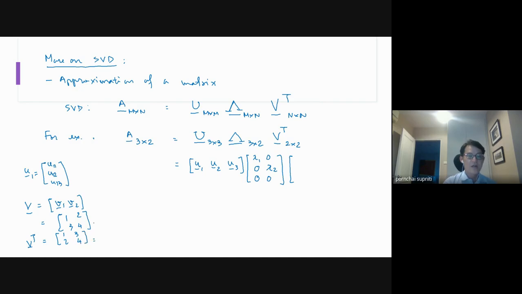How do I write it in terms of V1 and V2? So this V1 is going to be 1, 3, right? And this V2 is going to be 2, 4, right? So how do I write in terms of V? Can anyone guess?